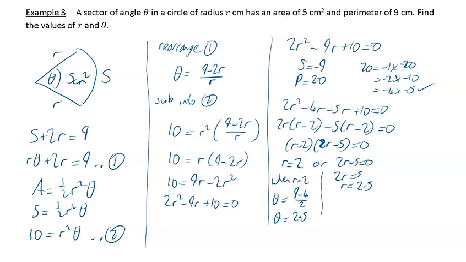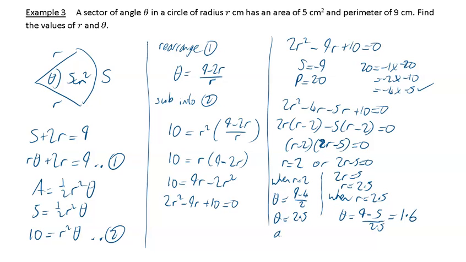And this one we will say when r is equal to 2.5, theta again is going to be 9 minus 2 times the r, which is going to be 5 this time, divided by 2.5. So it's 9 minus 5, which is 4, divided by 2.5, which is going to be 1.6.